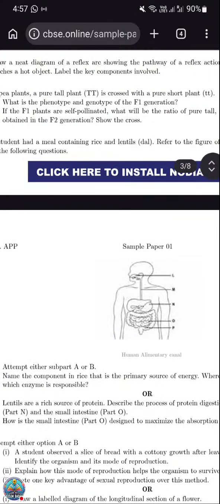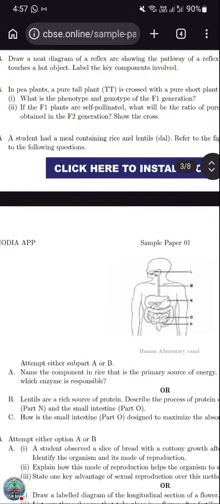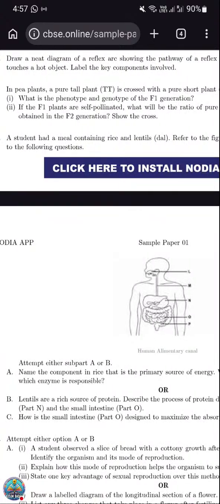Even in MCQ also we got phenotypic ratio is 3:1, and here they are asking for the F1 generation. Okay, in the F1 generation all will be tall. In the F2 generation, 3 tall and 1 short. No response is there. Are you clear with the answers or not? So I'm not getting any comments here.